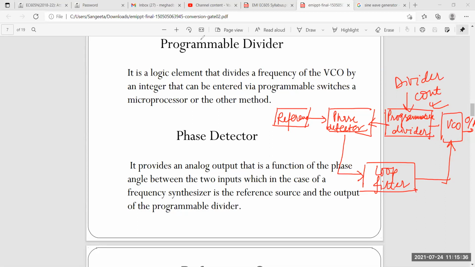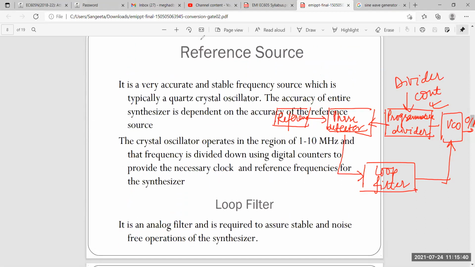Next we can move on to the next component, the reference source. It's a very accurate, stable frequency source. What type of reference source do we use? It's written clearly: we mainly use a quartz crystal oscillator. Keep this in your mind. The accuracy of the entire synthesizer depends upon the accuracy of the reference source.